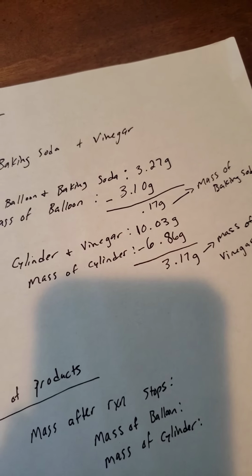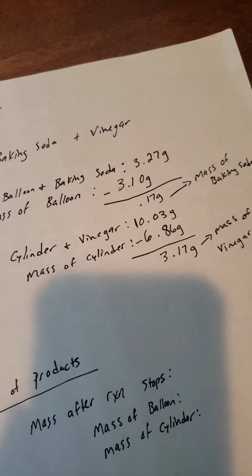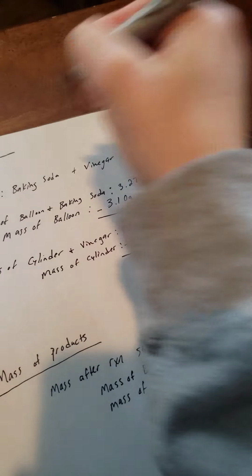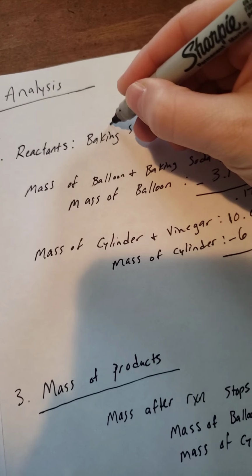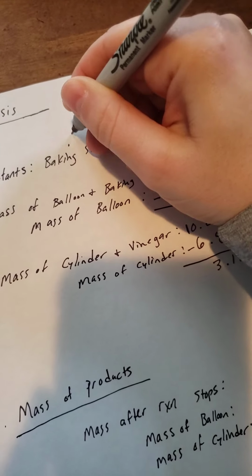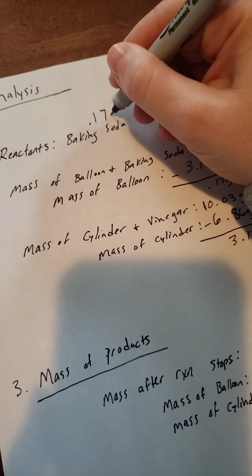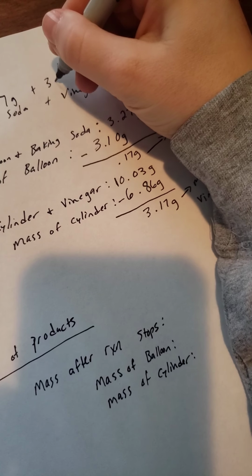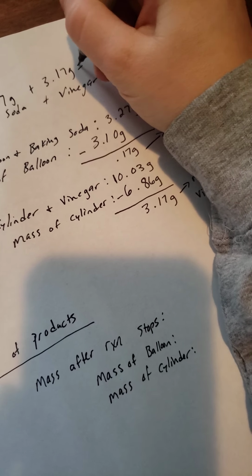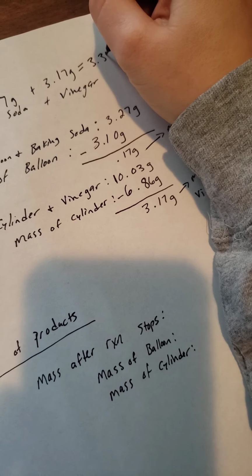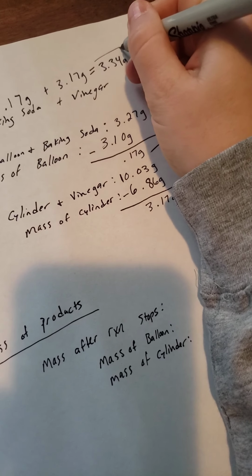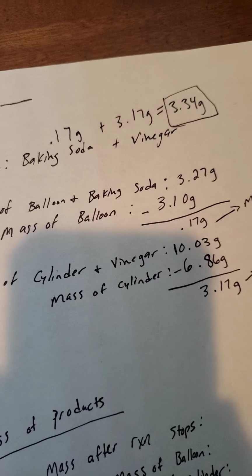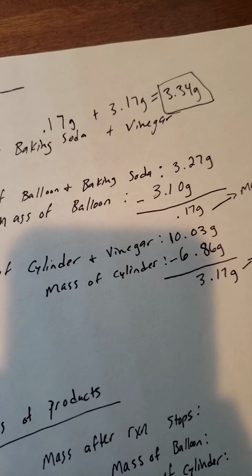So 0.17 grams plus the mass of vinegar, which is 3.17 grams, equals 3.34 grams. So that is the mass of our reactants for step 2, 3.34 grams.